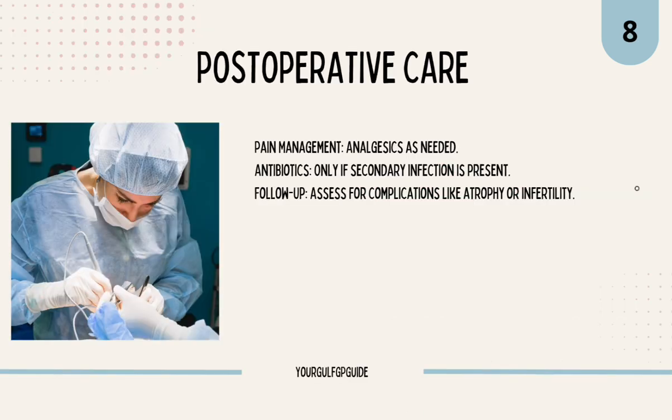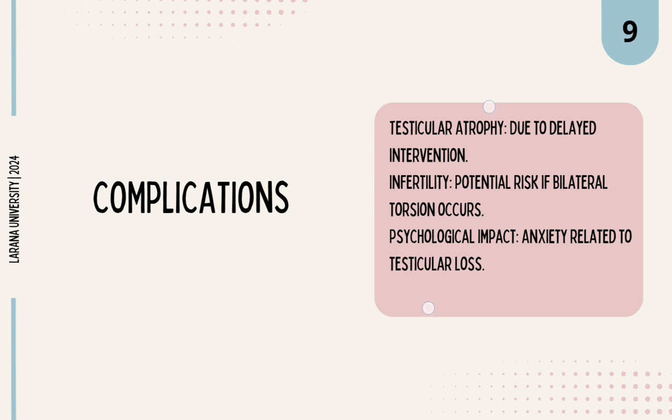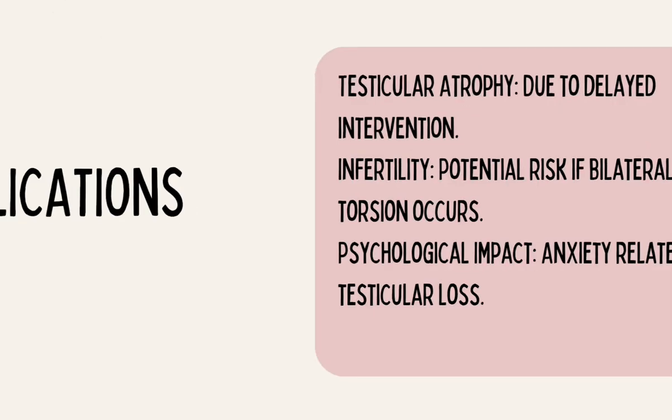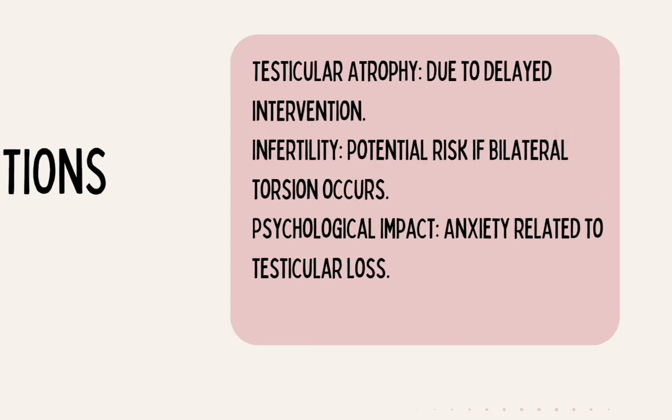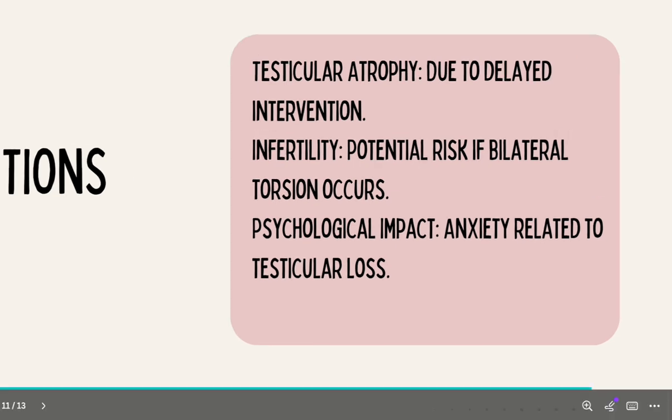The complications will be testicular atrophy, and due to delayed intervention, infertility, potential risk if bilateral torsion occurs, and psychological impact like anxiety related to testicular loss. So these are the major complications: atrophy, infertility, and psychological impact. You also need to look into that.